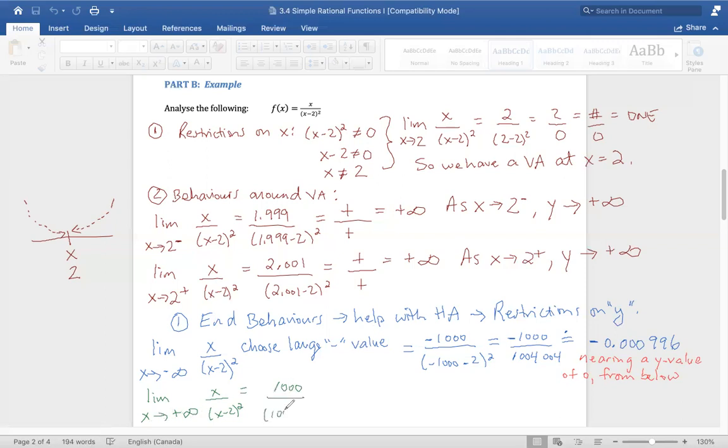We put 1,000 minus 2 squared, and again I need to use my calculator and compute this. So that's 998 squared, which is 996,004, and that equals approximately 0.001004.